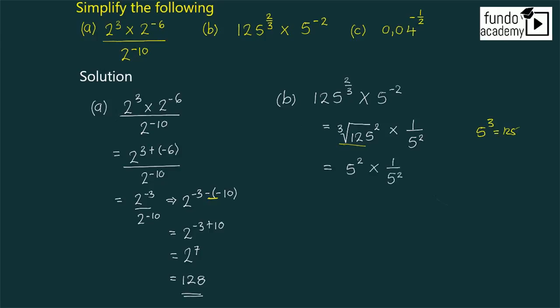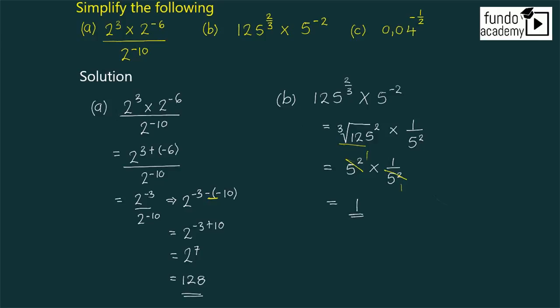And here I'm seeing that my job becomes so easy because I can just cancel out 5 squared into 5 squared, we get 1, and our solution will come out as 1. So that's the solution to part B. So I'm simply applying our laws of indices.